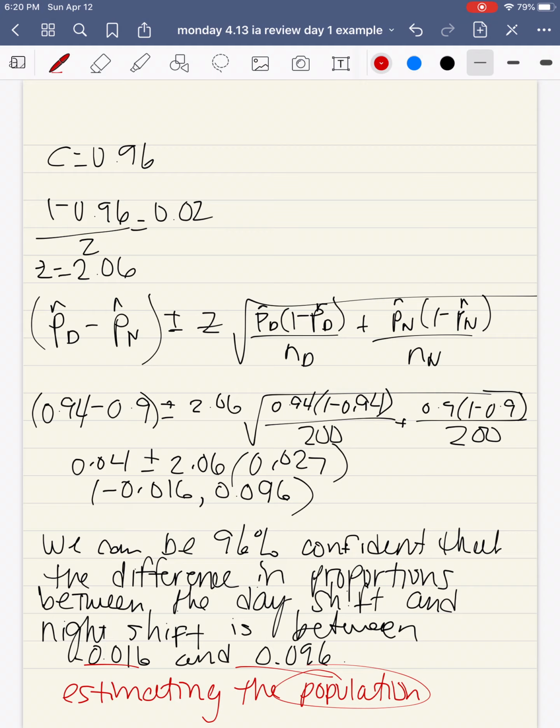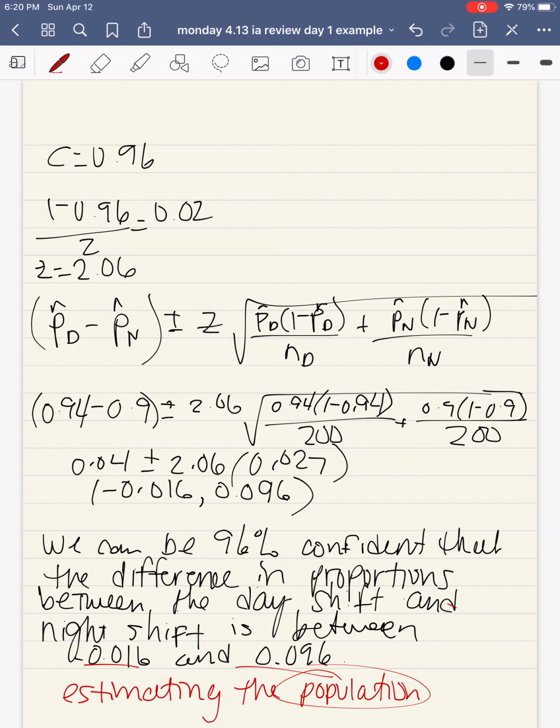We're not trying to estimate anything about the sample because we took the sample. We know what the sample could be. But we're trying to estimate something about the population. So thinking on your own really quickly, does it make sense to make an assumption about a different sample based on an interval that is estimating a population? Can I use an estimation from the population to estimate a sample?